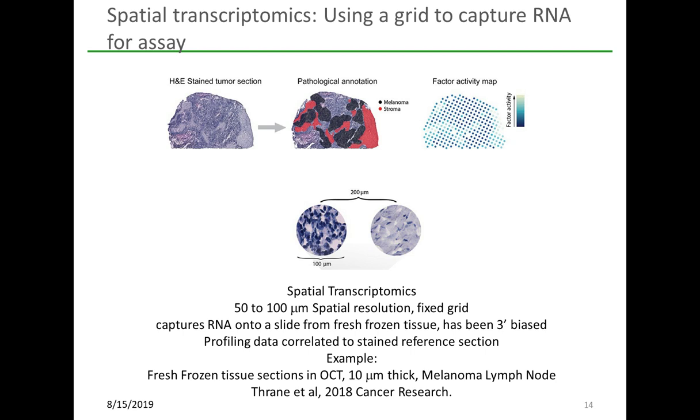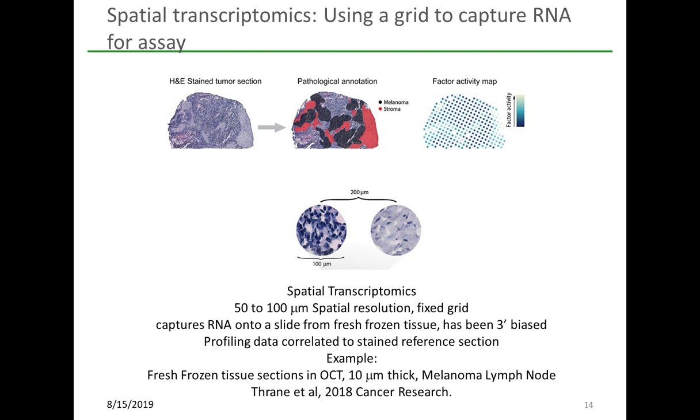A note about thickness: if you're at 10 microns, that's actually your limit of resolution because you always have depth as well. So if you are trying to get less than 10 microns, then you have to cut thinner sections as well, because you have to think of this in 3D and not just in terms of the surface area. So again, if you're going down to single cell resolution, you have to think about the thickness of the sample as well.